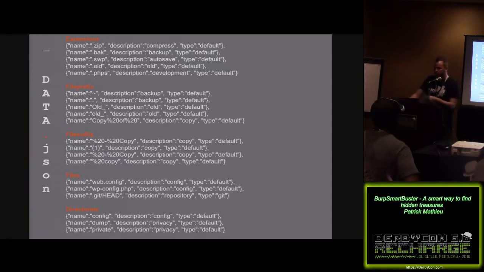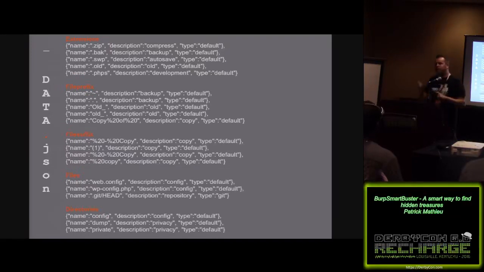So you can see in prefix and suffix. So dash copy or copy, space copy or copy of, old, just the tilde, just a dot sometimes. So all those files based on Ubuntu and Windows, if someone does a copy paste and uploads it by error to the website, this will be caught.